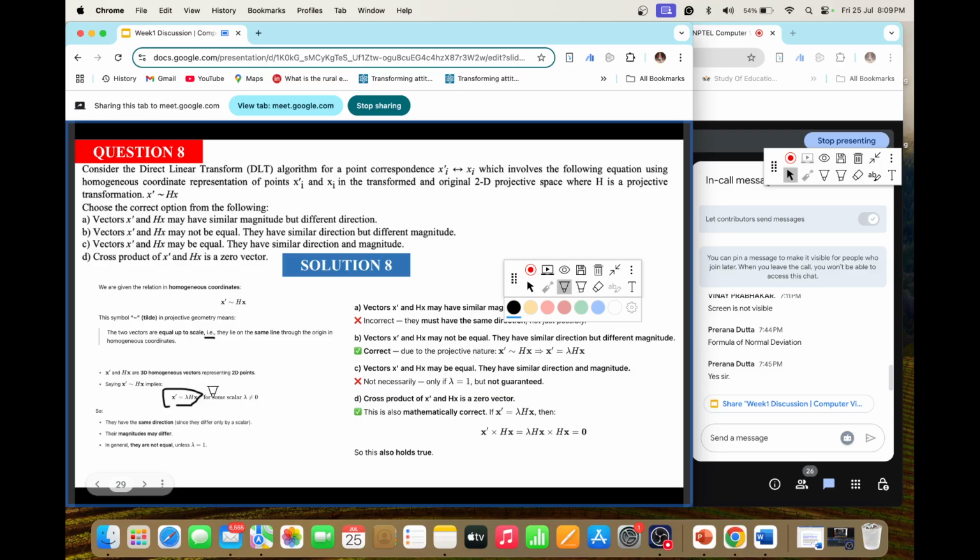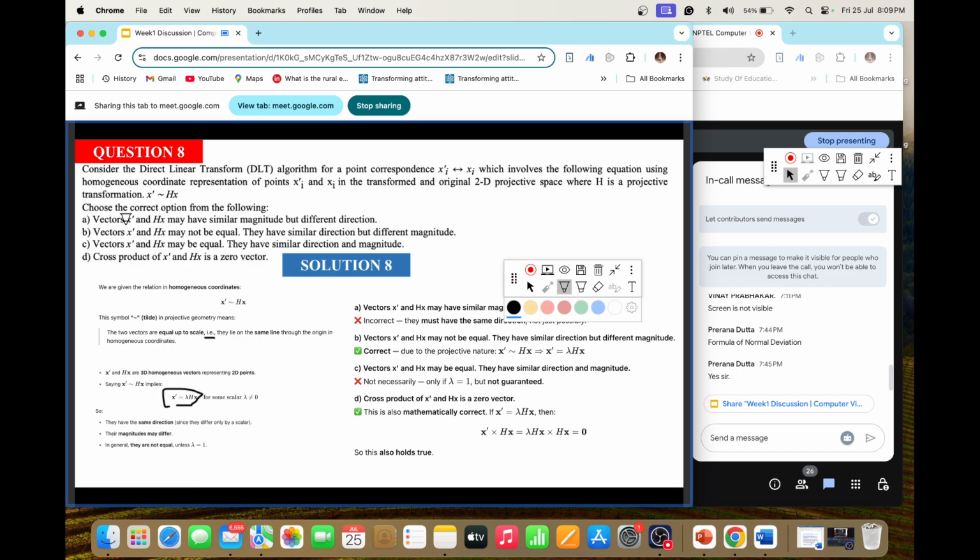So the direction will be same, but the difference can be in magnitude. The direction will be same, and they will be on the same line, but the magnitude can differ.